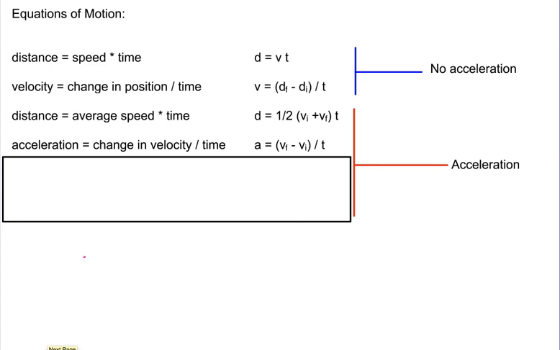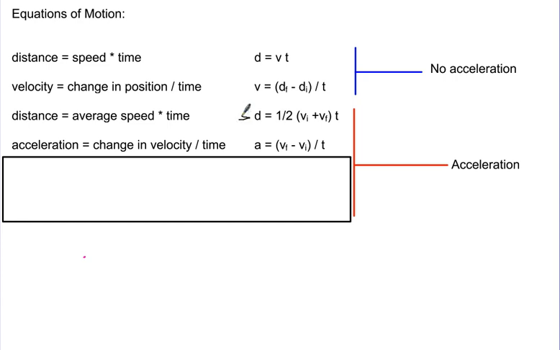Okay, just to review, for no acceleration, which is with Newton's first law we've already talked about, we've got distance equals speed times time, and we can also look at velocity as a change in position divided by time. Now that we're accelerating, we can enter in a couple new formulas.